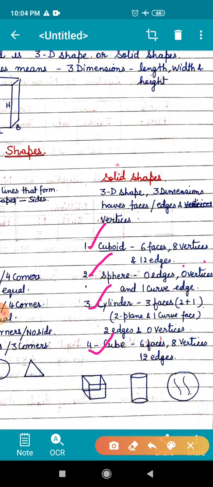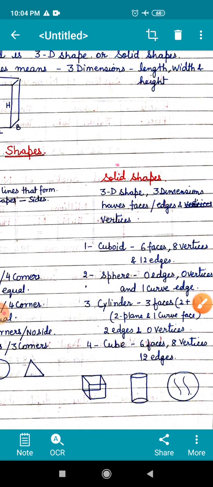Okay, and example of cuboid is brick, your sharpener, your eraser, microwave, refrigerator, etc.